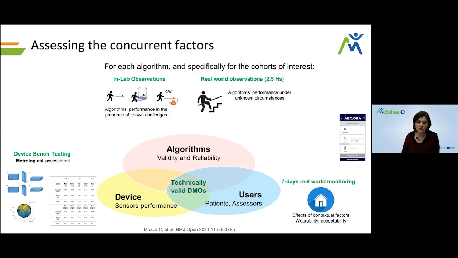We will then discuss how we have designed a validation that needs to account for all the possible factors that affect our results. So we will be looking at measuring things in the lab to make sure that we include some known challenges to our algorithms and check their response, but we will also develop the tools to validate the algorithms in the real world and specifically on the patients of interest, both for shorter periods and for longer 7-day periods.